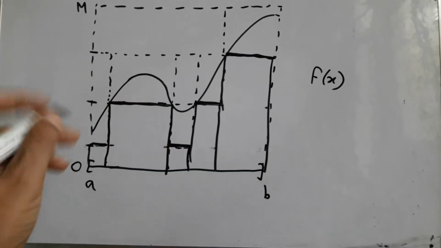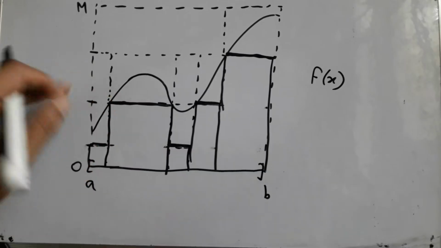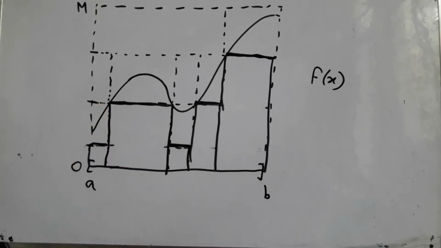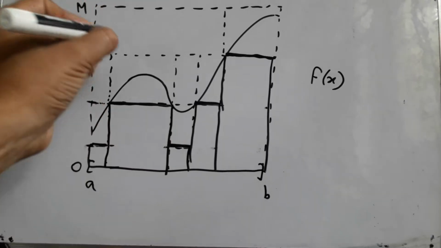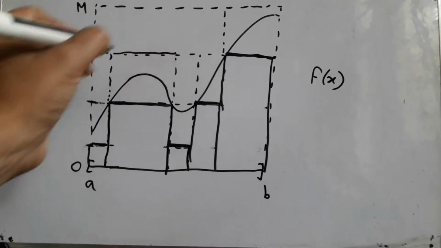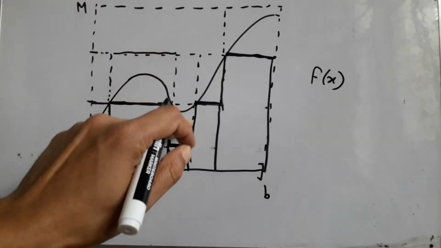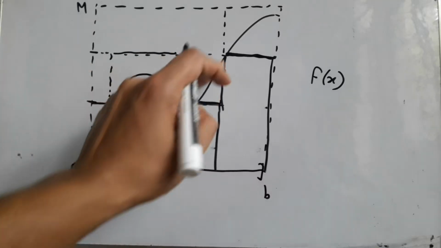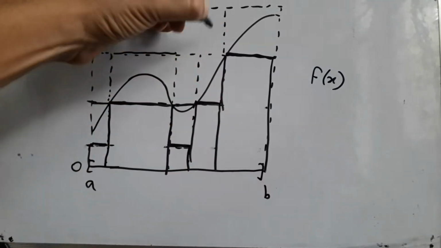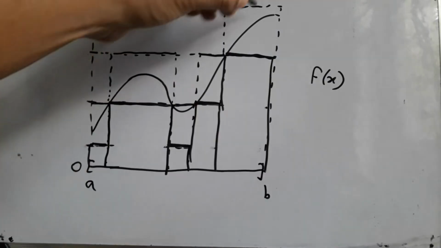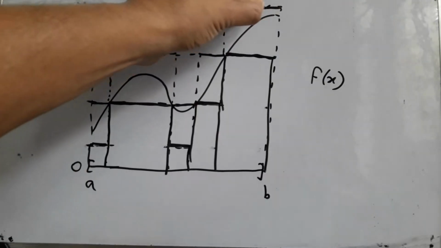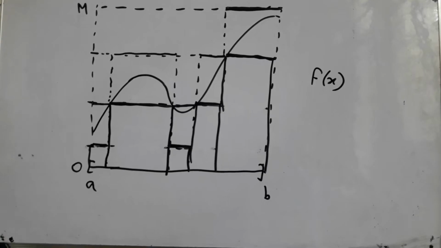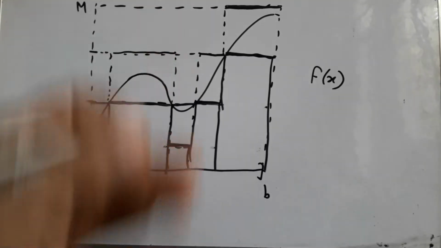So in this case, I shall take this and flatten it against its ceiling, which means I will take this line. Flatten it against its ceiling, so I will take this line. Against its ceiling, that is this line. This part will be flattened against its ceiling and this part against its ceiling. So you get another set of rectangles. This time these are above the curve.